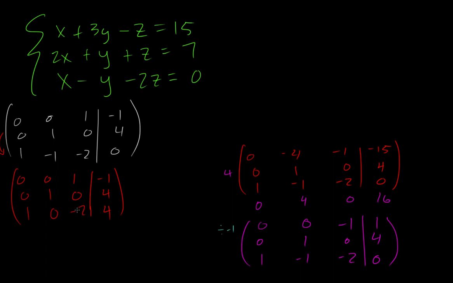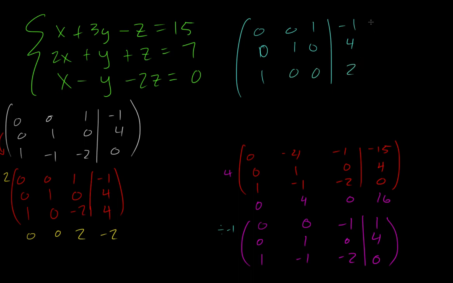Alright, we just need to get rid of this negative 2, and so if I multiply this by 2, with a little half step, top row stays the same, second row stays the same, then we add this, add this, add this, add this, and technically we should have the 1 on the top left.